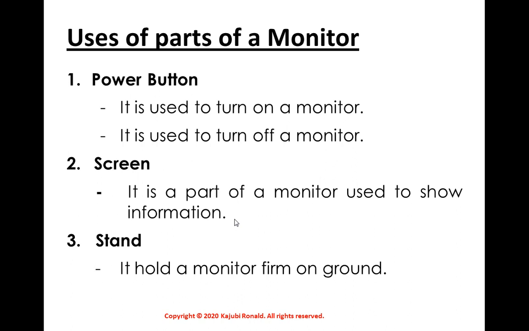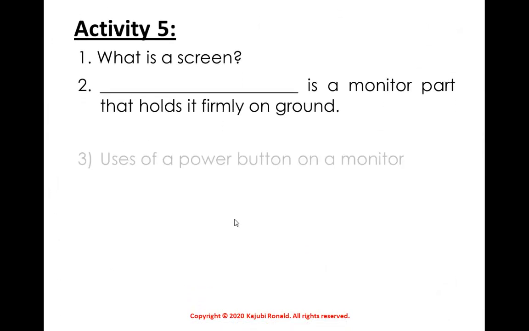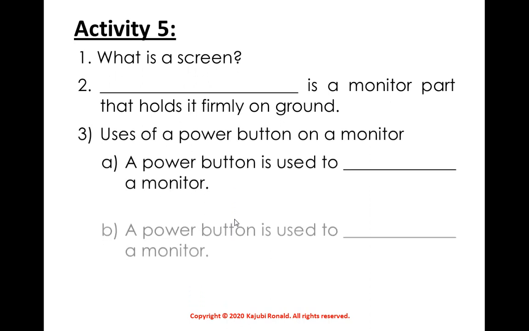So a stand is used to hold a monitor firm on a desk or on any ground where you feel like putting your monitor. And that is the activity related to that covered part.